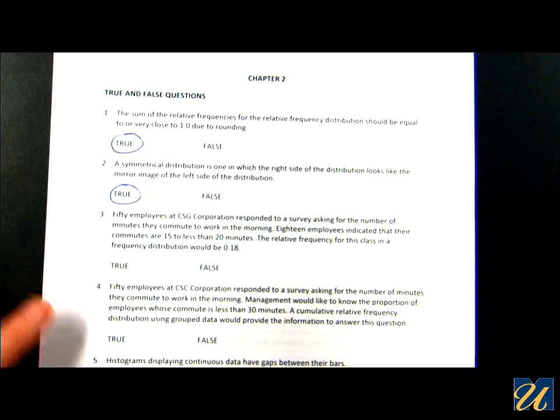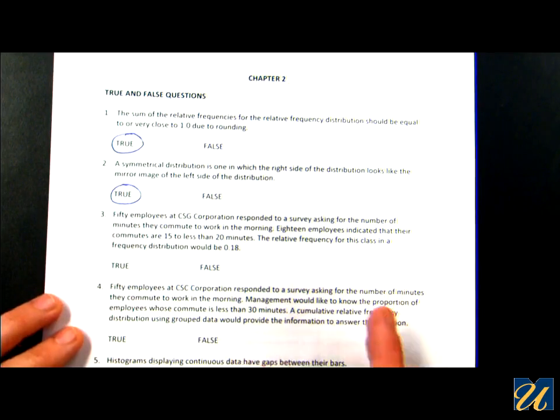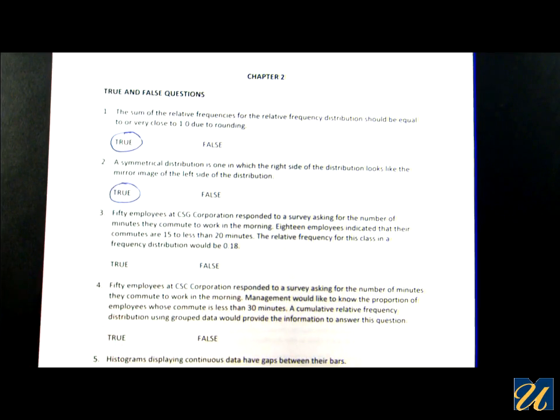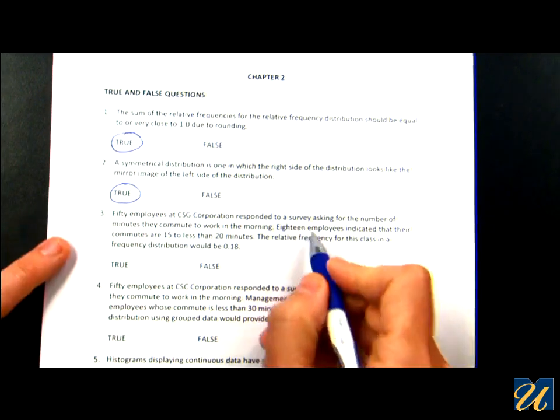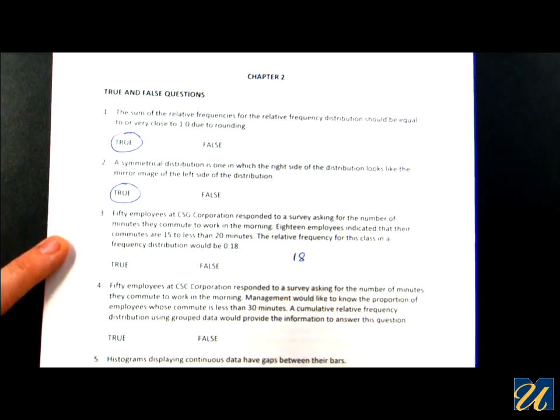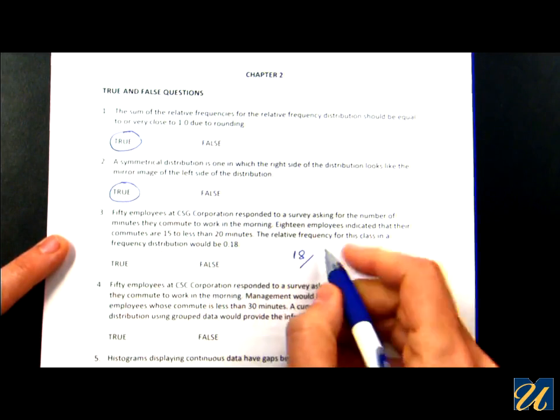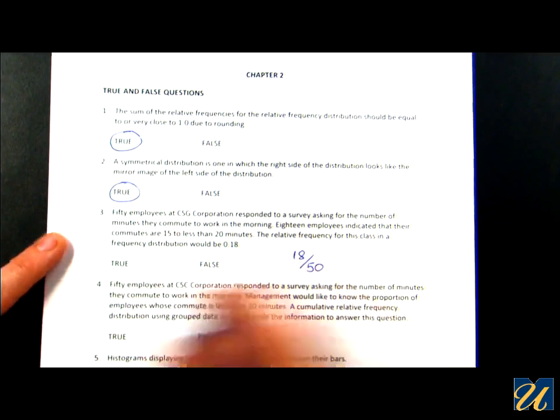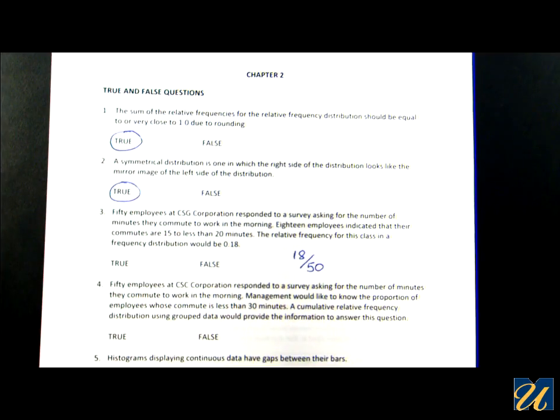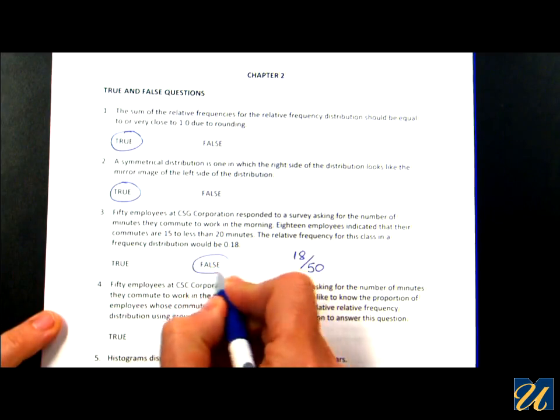To find the relative frequency, we need to take the frequency of the group that we are interested in. In this case, the group consists of 18 employees, divided by the total number of employees that we surveyed, which was 50. 18 over 50 is 0.36, not 0.18. Therefore, false.